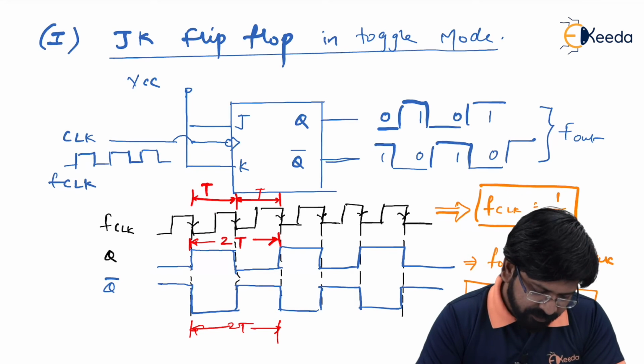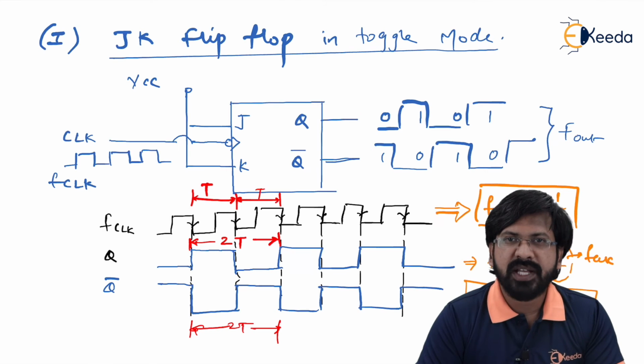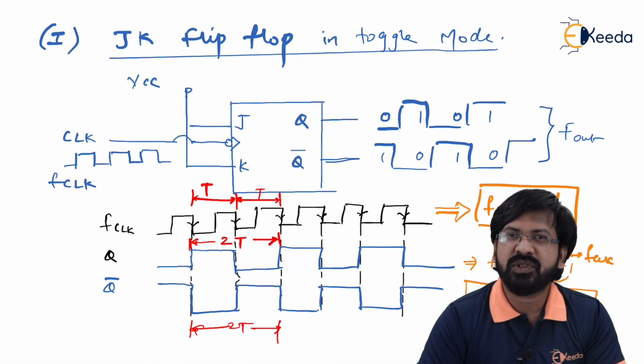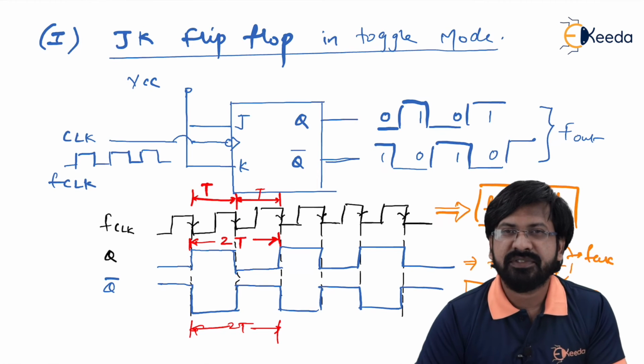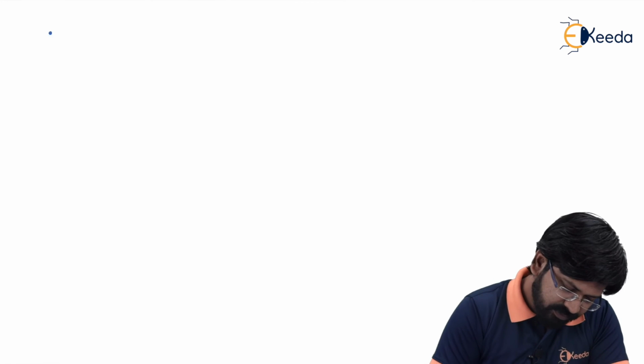It's very, very important. Also, we will see along with the JK flip-flop how other flip-flops are used in toggle mode. So when it comes to the JK flip-flop, J and K are shorted to 1. I'm sure you must have seen the previous lectures where I have said it clearly. When J and K are shorted together, the common input is known as what? T, right?